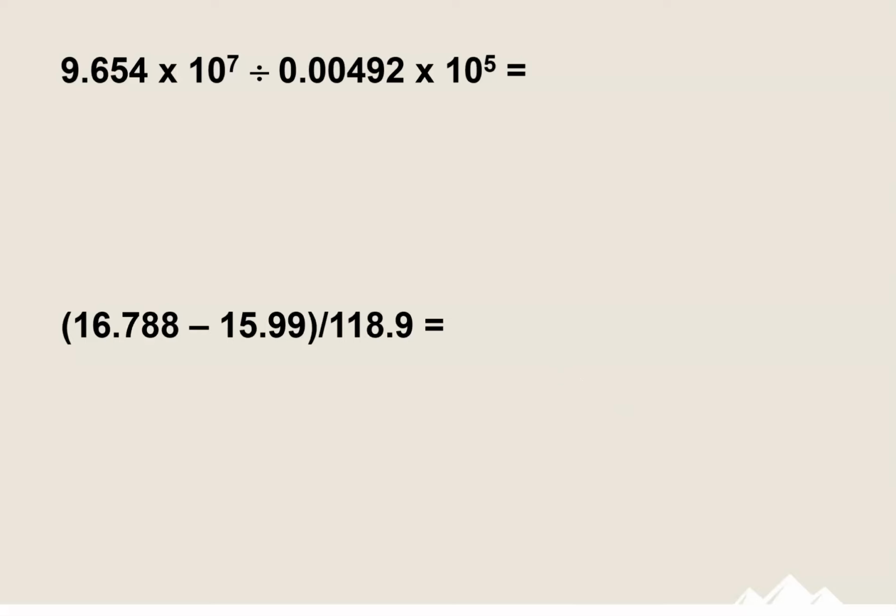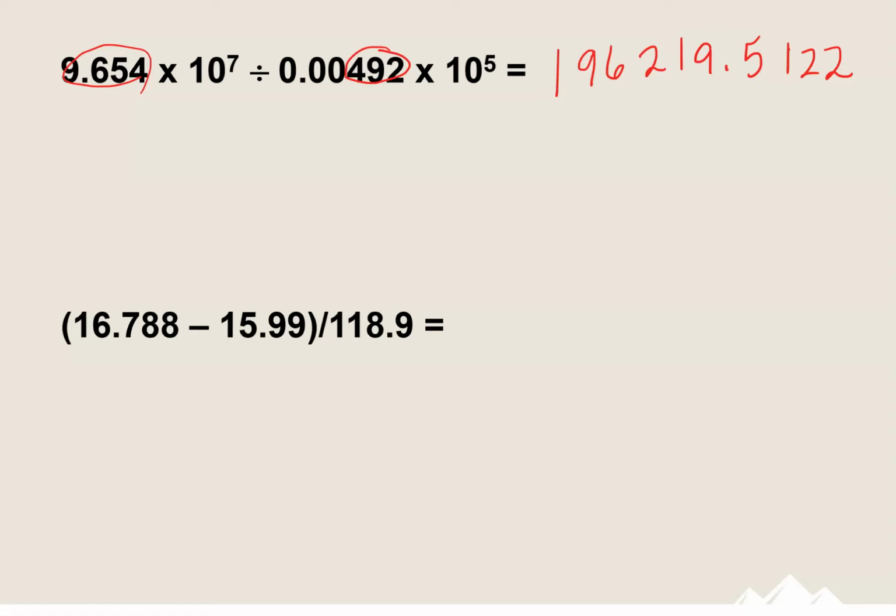So we're back, and what I see on my calculator screen is 196,219.5122. Because I'm dividing, I need to see how many significant figures there are. This number has 4 significant figures, and this number has 3 significant figures.